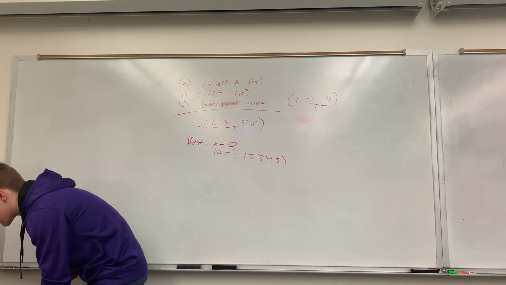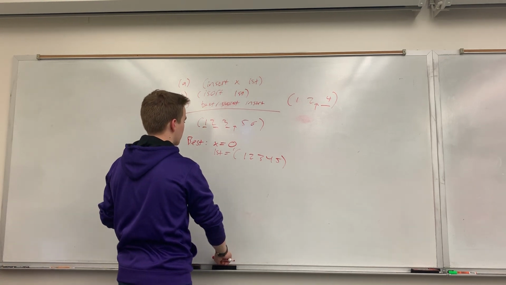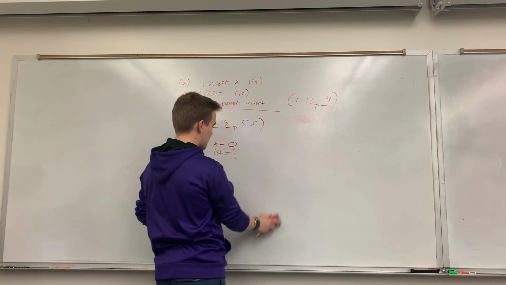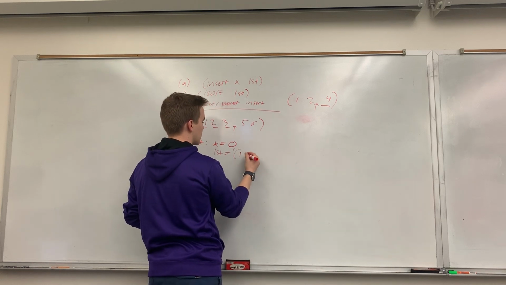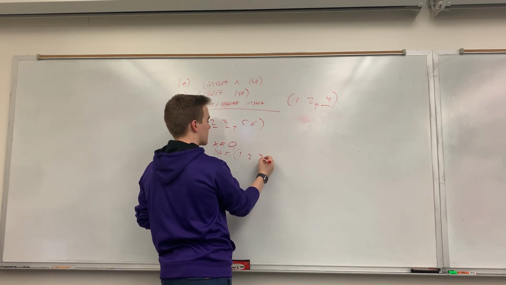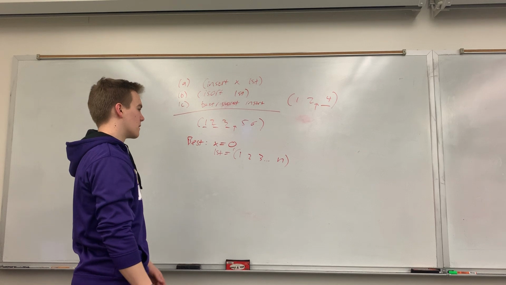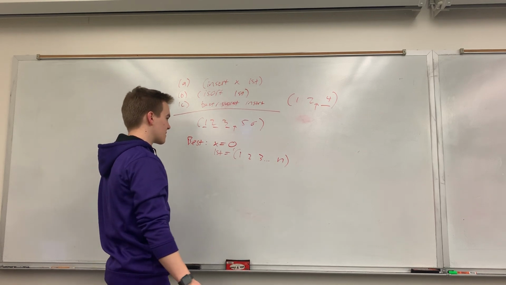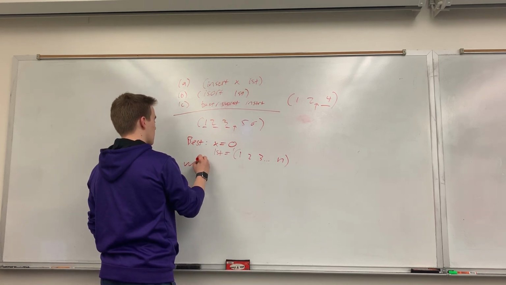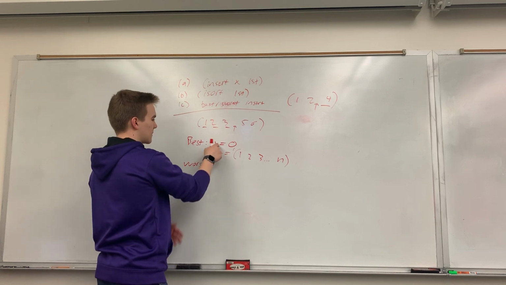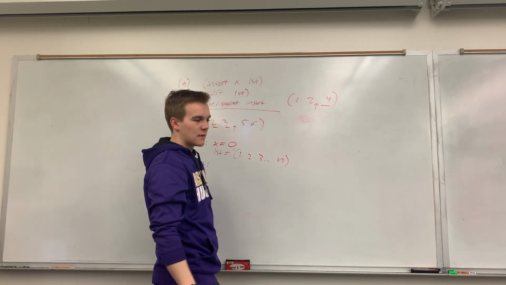Oh, n elements, okay. So they give me an n. This has to be something like 1, 2, 3, dot, dot, dot, up to n. And this would still only have to make one comparison, which is the best case scenario. The worst case scenario, that's going to be, x has to go at the end of the list.